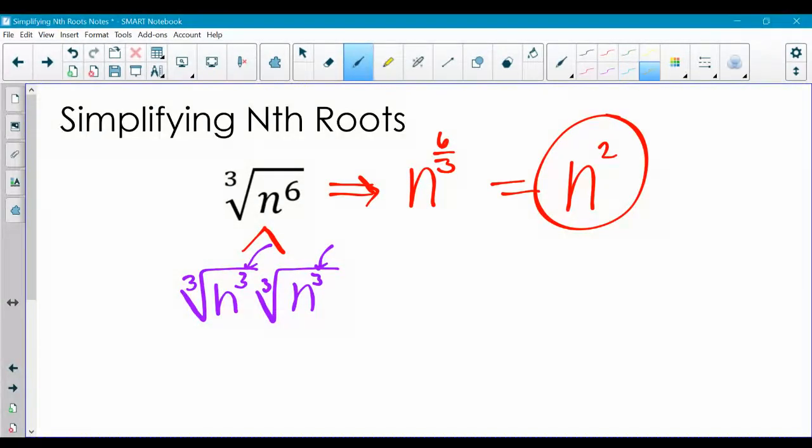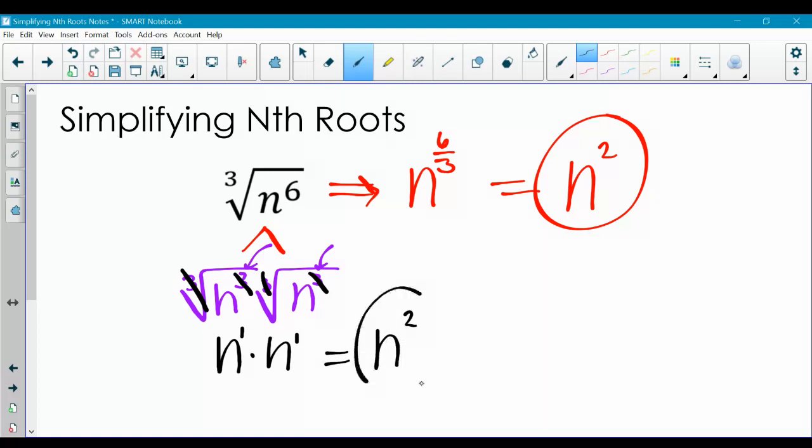So when we simplify this, we want to remember that these 3's, the cubed root and the 3, cancel. So we just get an n. Same here, the root and the exponent cancel. So when we say n times n to the first power, we're going to add our exponents and end up with the same exact answer.